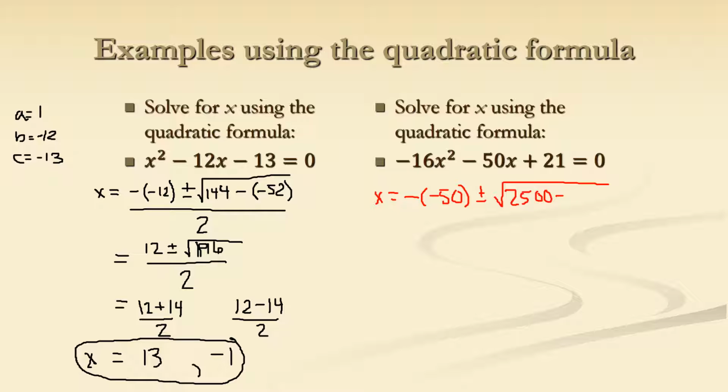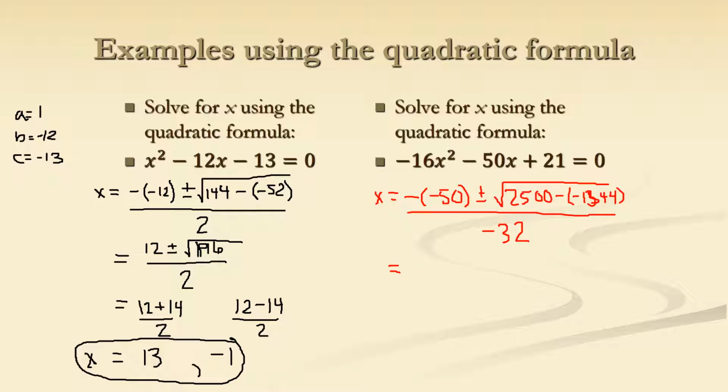So I have minus and then 4 times negative 16 times 21 gives me a negative 1,344, all over 2 times negative 16, which is negative 32. This is now a lot to simplify, but it needs to be done.